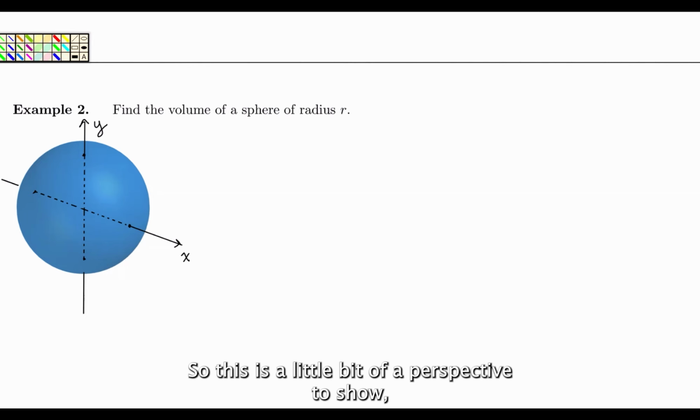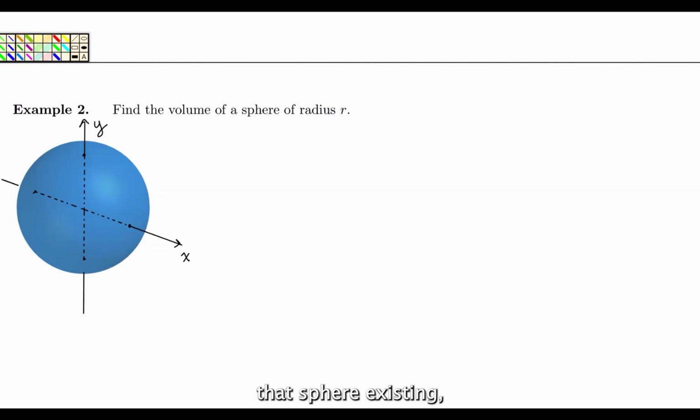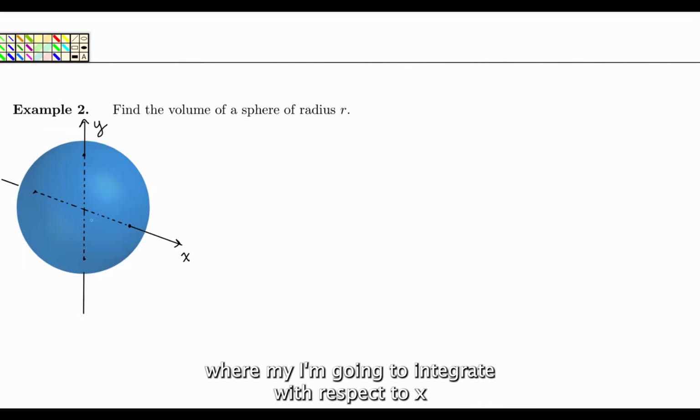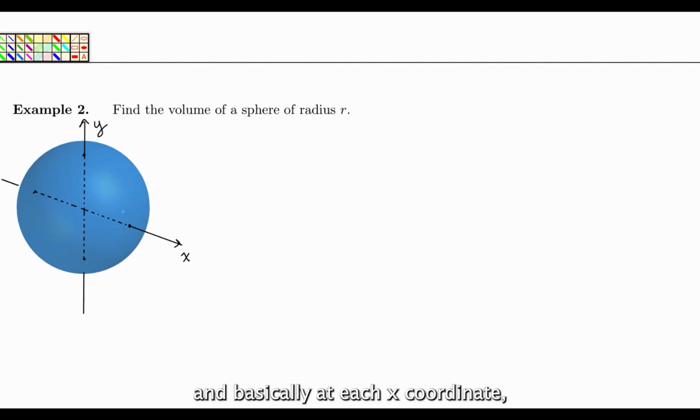So this is a little bit of a perspective to show that sphere existing centered around the y-axis, the x and y-axis. And I'm going to think about this where I'm going to integrate with respect to x, and basically at each x coordinate, I should have a circular cross-section. Okay, so that should be my cross-section here.